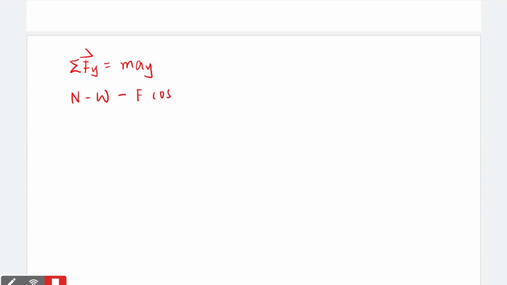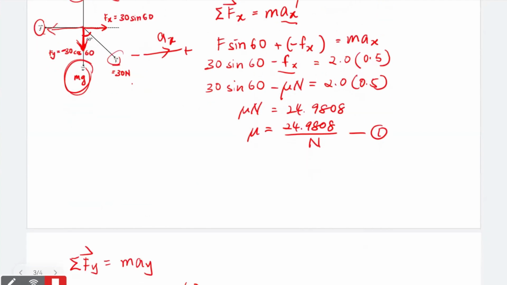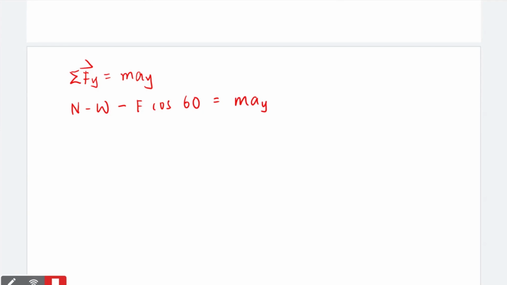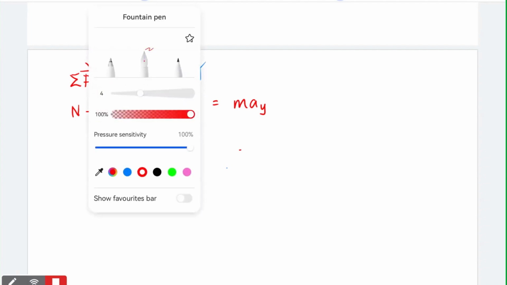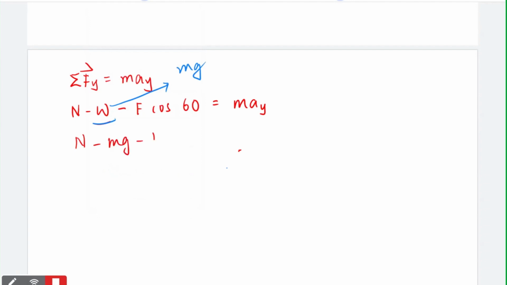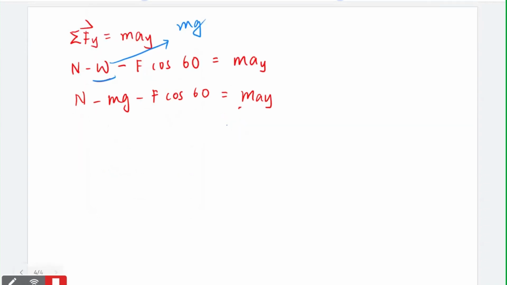From the equation F equals ma, the sum of the forces in the y component is N minus W, because W is always downwards so it is negative, and also minus F cos 60 because it is also downwards, and equals may. Since W equals mg, we get N minus mg minus F cos 60 equals may. Now we substitute our values.